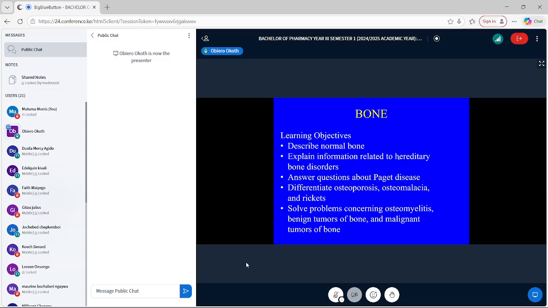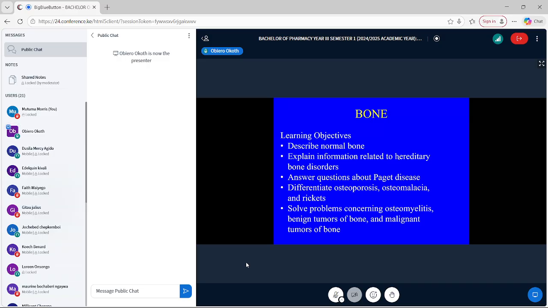Okay, so we describe normal bone, and that will also be able to explain the bone formation, especially in relation to hereditary bone disorders. We'll be able to answer questions based on Paget's disease, basically metabolic bone disorder, osteoporosis, osteomalacia, and rickets.